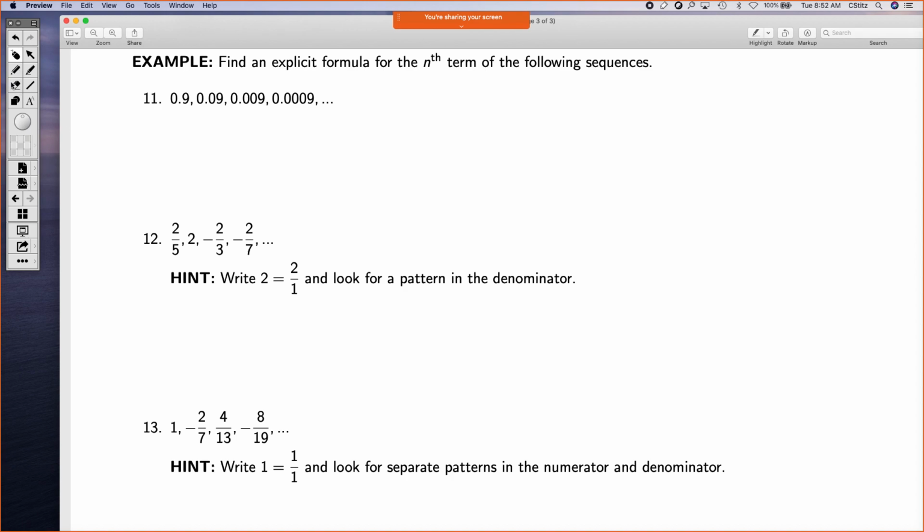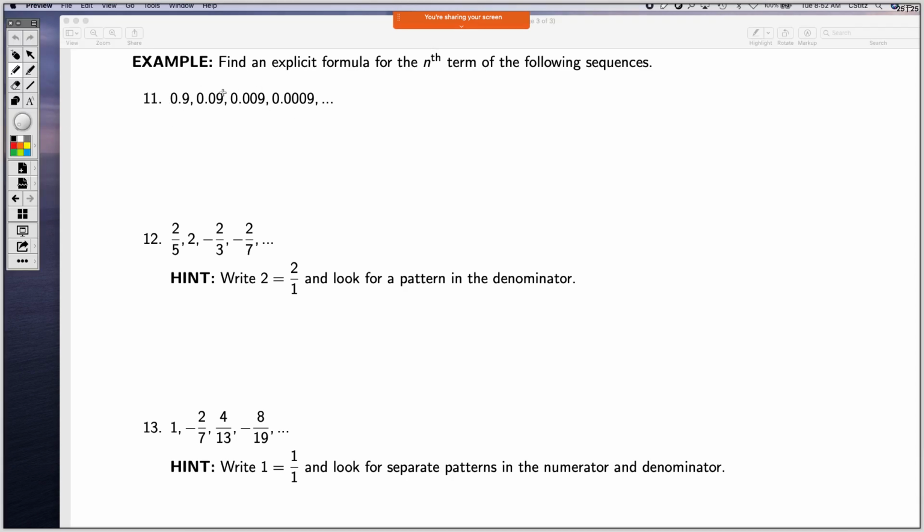So let's take a look at this. How am I going from one to the next here? I'm just pushing another 0 in front of that 9. And if you remember with your arithmetic there, that's the same as dividing by 10 each time, right?